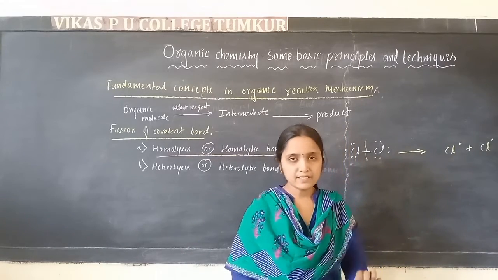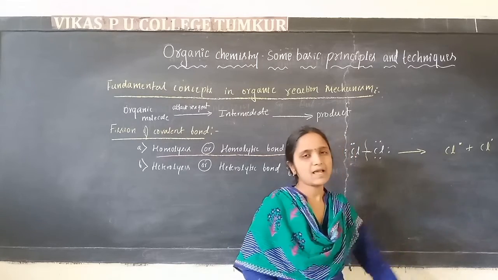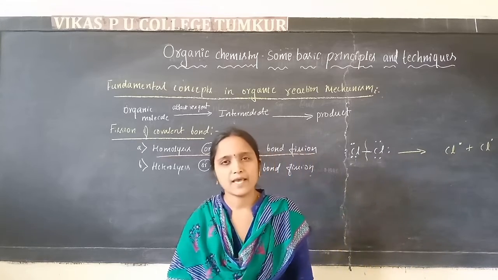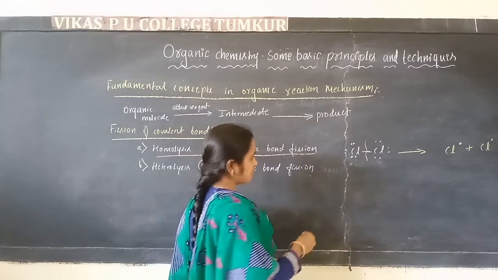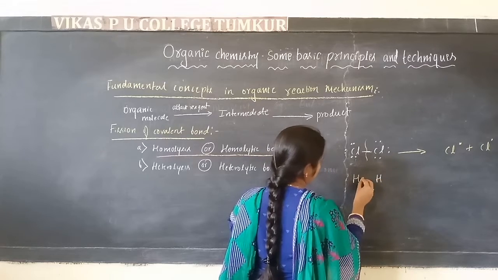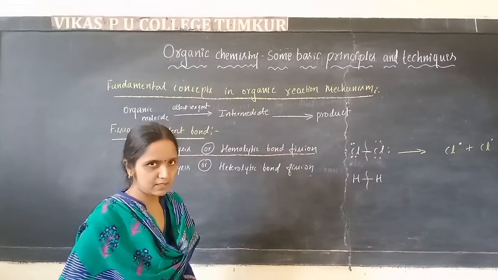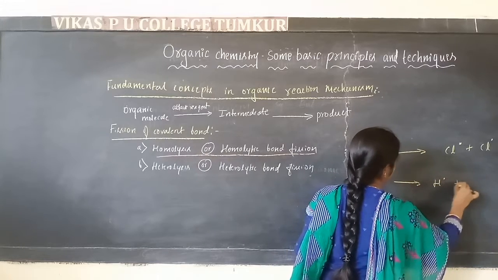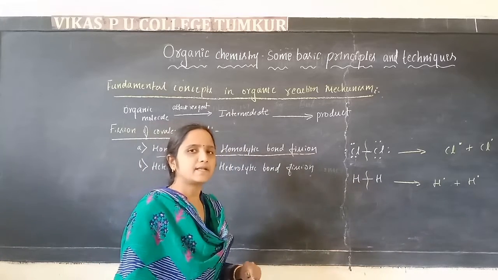One unpaired electron is left with each atom or each group, which we call a free radical. If we take the cleavage of the hydrogen molecule, the cleavage of the covalent bond between hydrogen and hydrogen gives hydrogen free radicals, indicated by a dot.